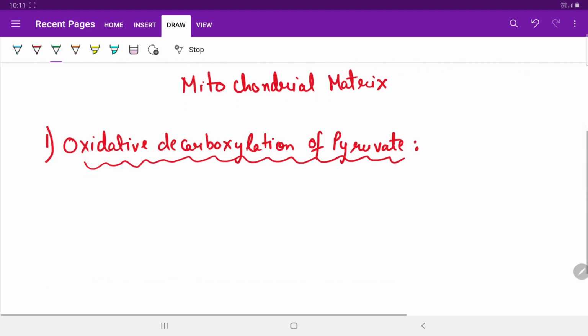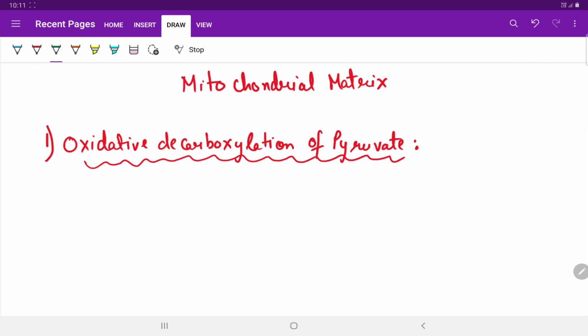So first of all, draw the structure for pyruvate, and we shall always be drawing this structure in the keto form of pyruvate, not in the enol form. So this is the pyruvate in its keto form.